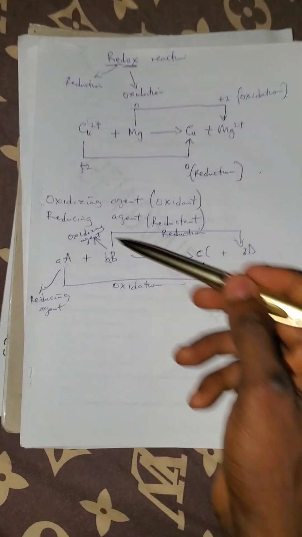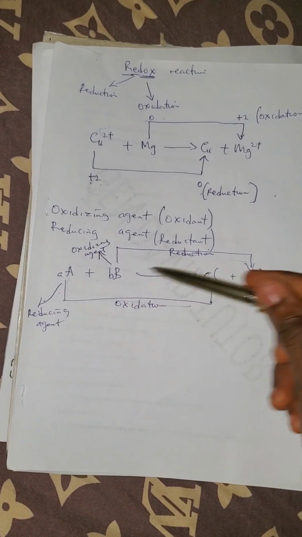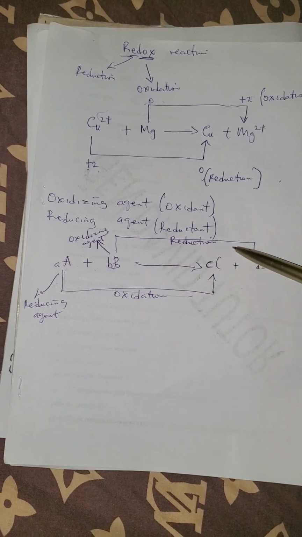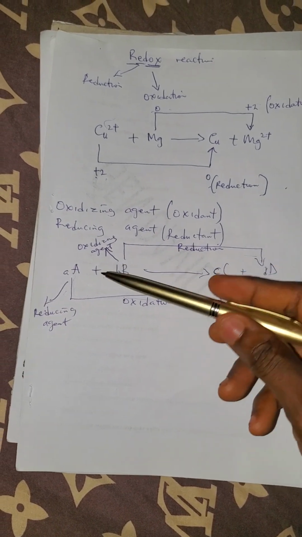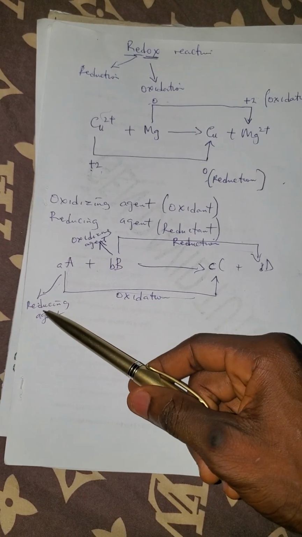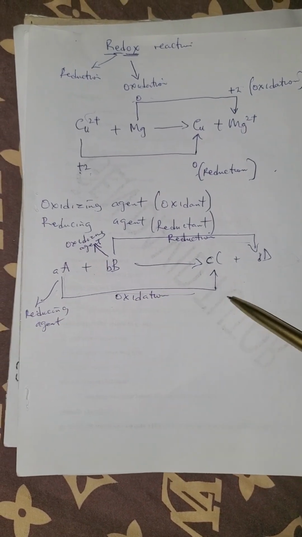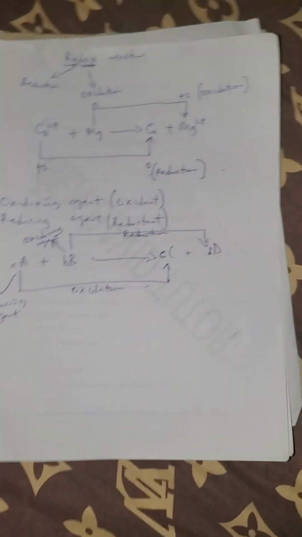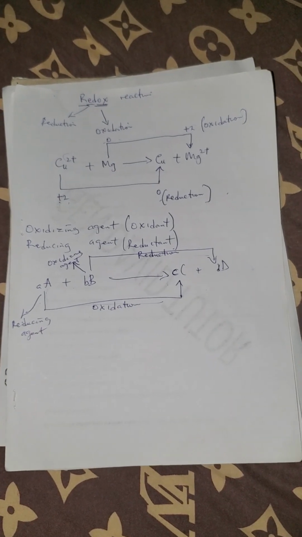So if you are looking for the oxidizing agent in a given reaction, just check the element that undergoes reduction. If you are looking for the reducing agent, just check the element that undergoes oxidation. That's the scope of it. But that's not the end.